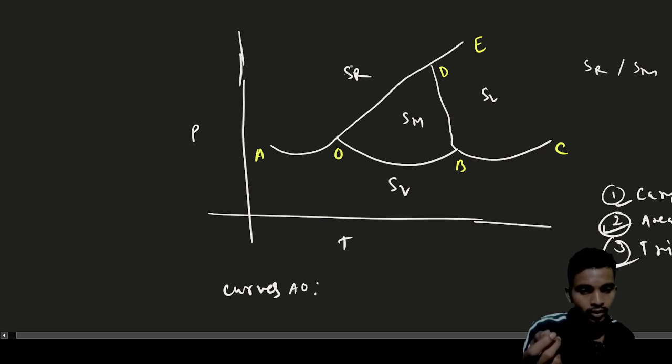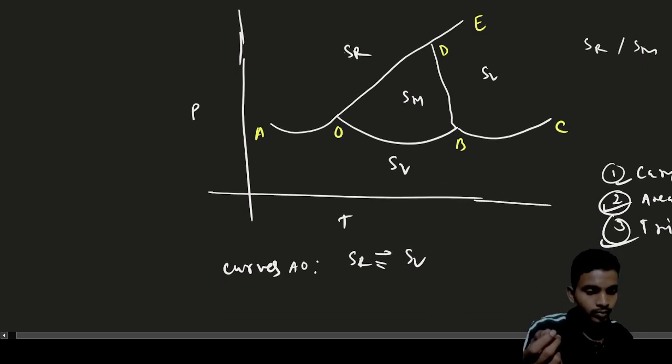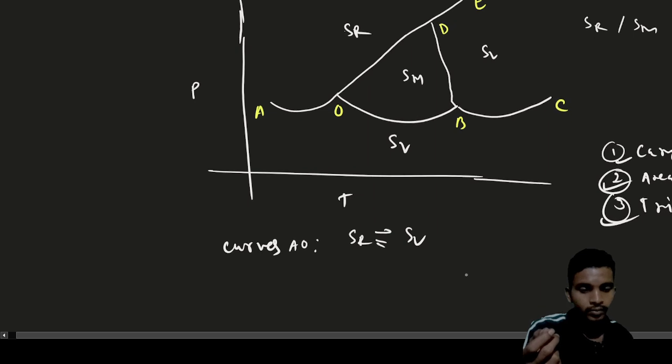So in the AO curve, rhombic and vapor are in equilibrium. Similarly for curve OB, the upper side is monoclinic and the lower side is vapor, so I can write SM and SV.